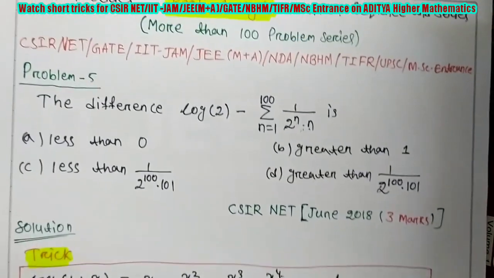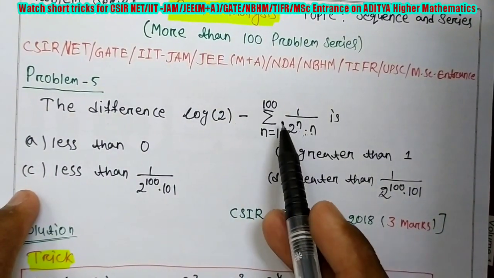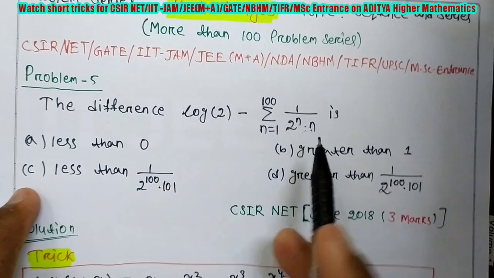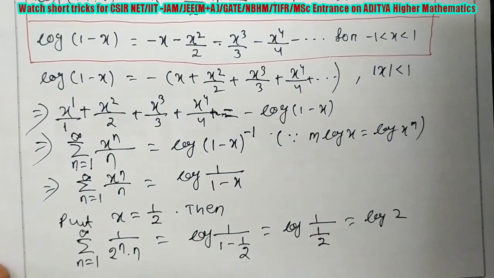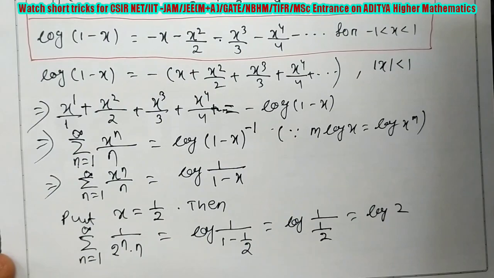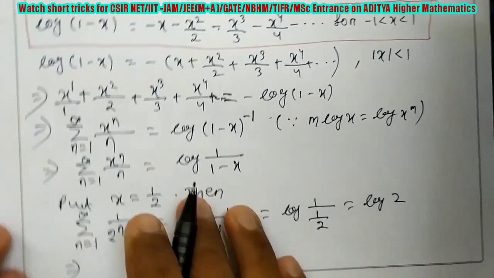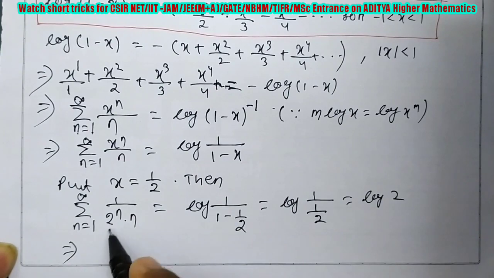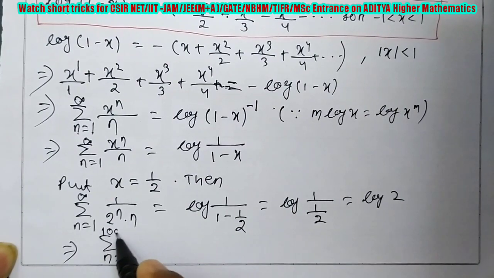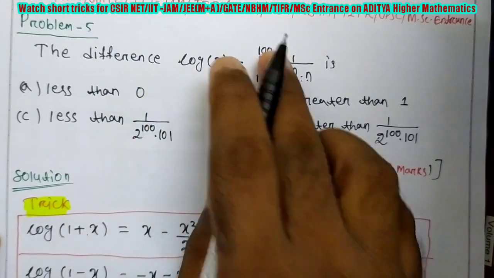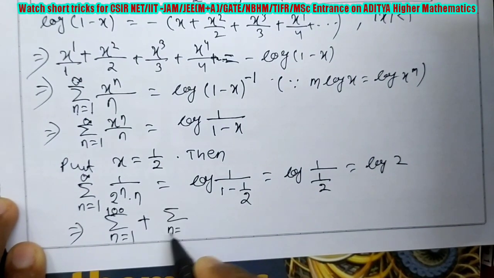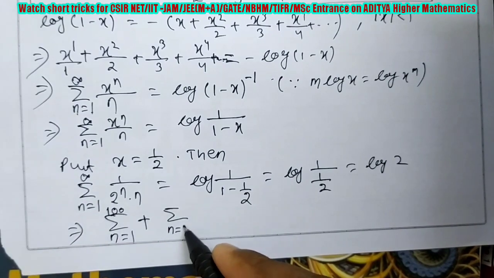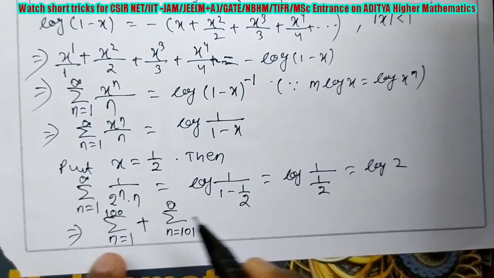But in the question you have to find the value of log 2 minus the summation of n equal to 1 to 100 of 1 by 2^n into n. So now here you just write the series first from n equal to 1 to 100, because in this question you need to find up to 100, then plus, since you are writing up to 100, you again need to write from 101 to infinity.